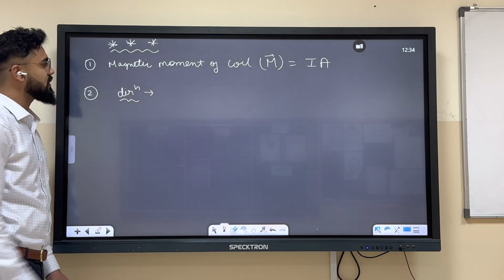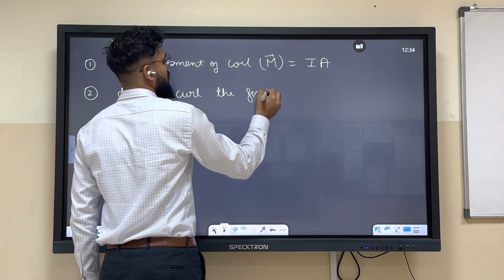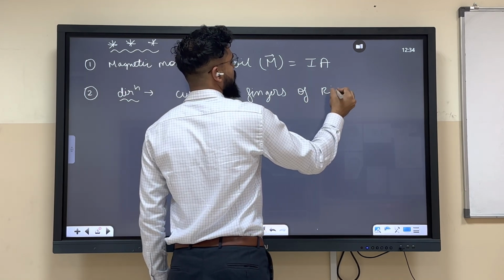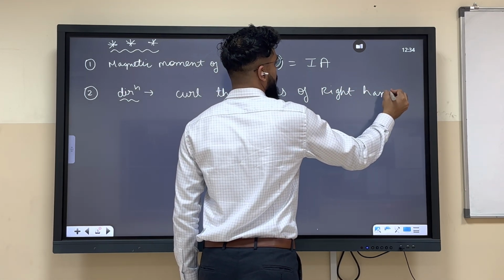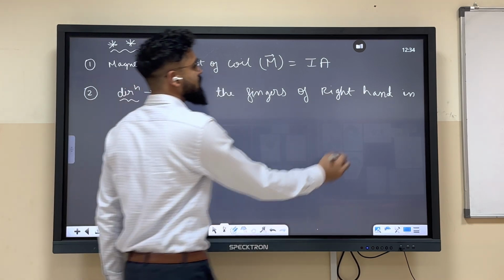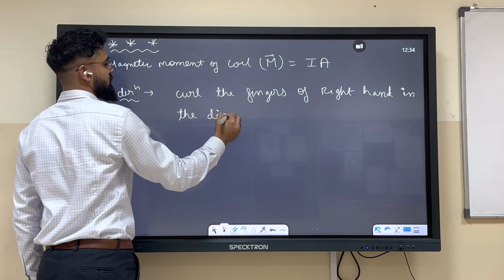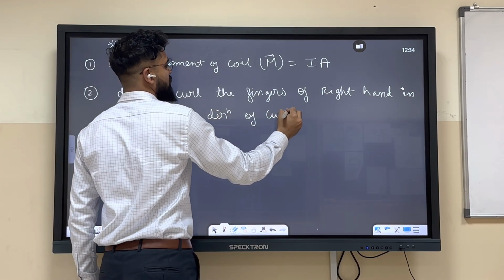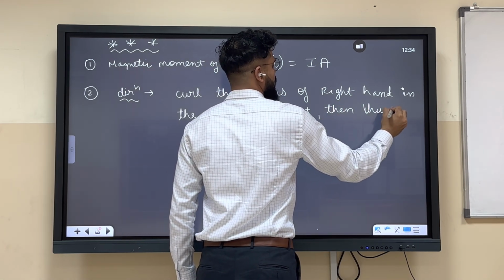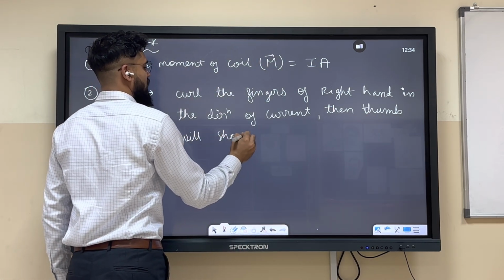To calculate its direction, curl the fingers of right hand in the direction of current.